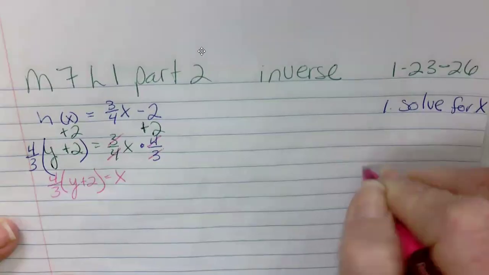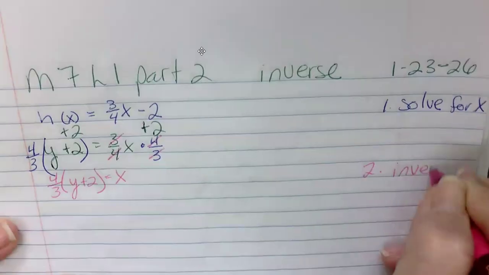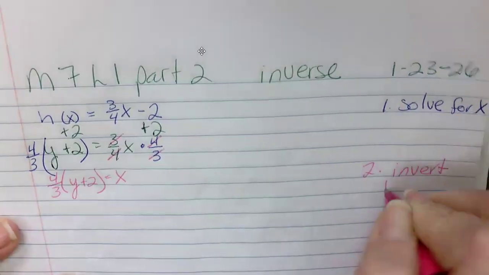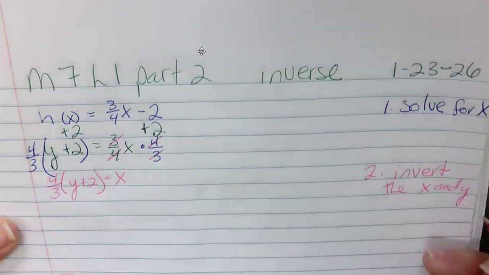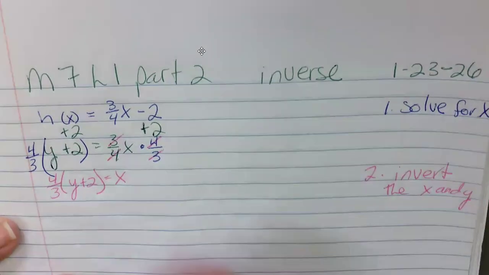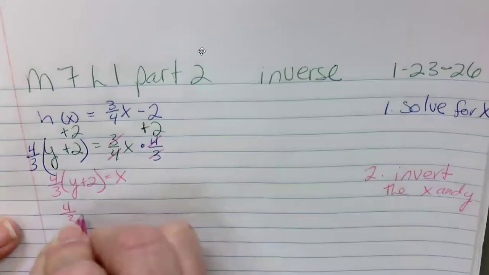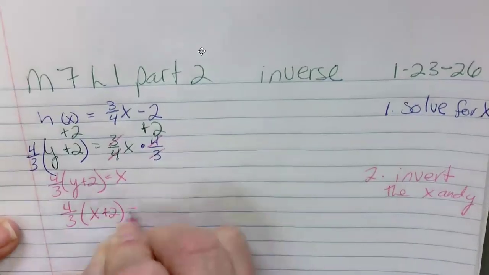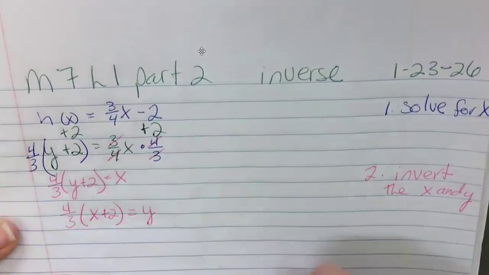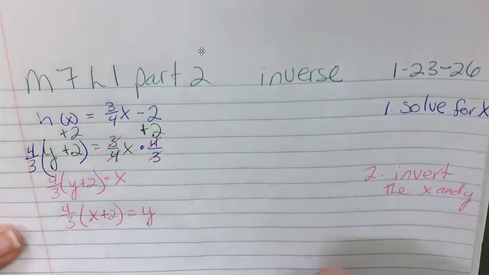Our second step is to invert the variables, or the x and the y. So I'm going to have 4 over 3, and then in the parentheses, x plus 2 equals y. So we have reversed them, right?